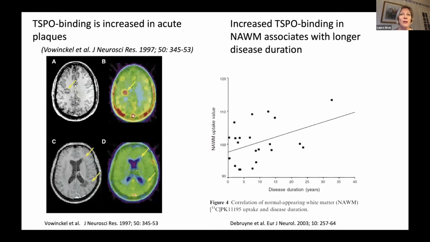To us, the fact that you can visualize TSPO binding in acute lesions is not so interesting, since this is something one can easily detect also with conventional MRI and gadolinium enhancement. But when you can use PET for detecting pathology that conventional MRI cannot demonstrate, we think that's when it gets more interesting and more important.